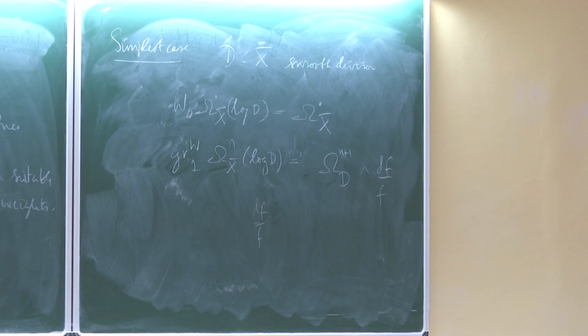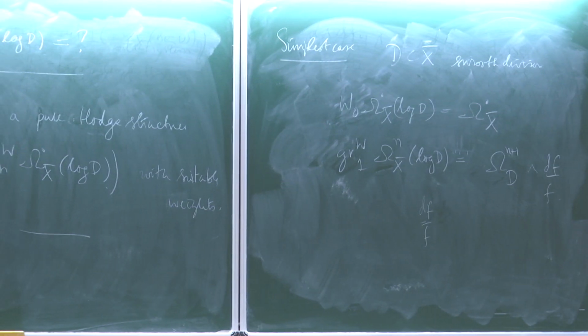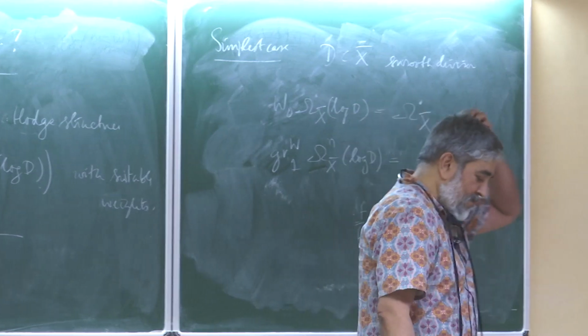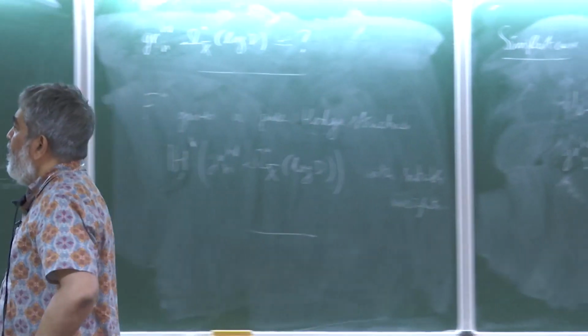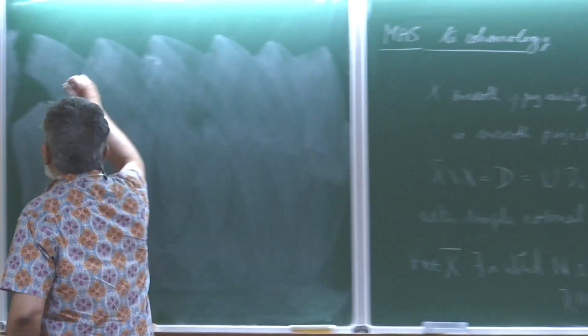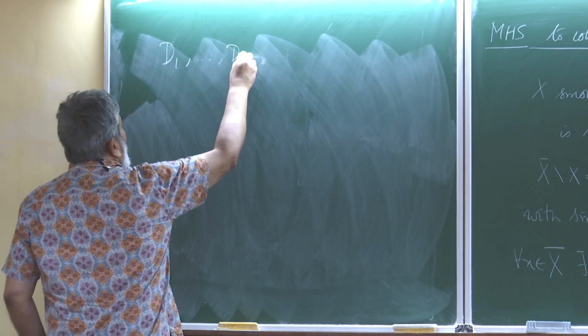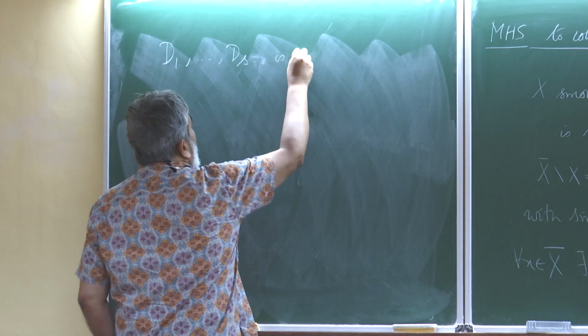And now the situation with multiple components is going to be similar, right? So you can do it in various ways. Srinivas pointed out to me that maybe the simplest way is to choose a numbering of the divisors. Let's call them D1, D2, whatever, some S is the components.